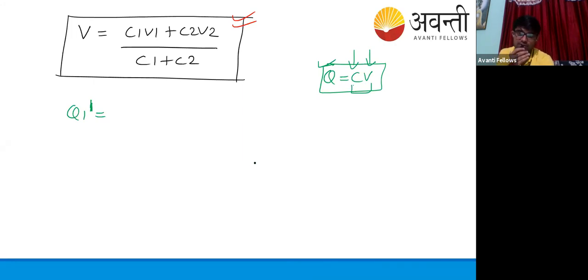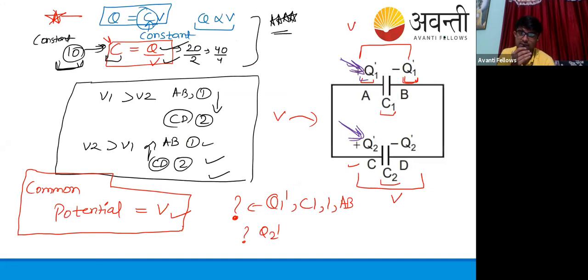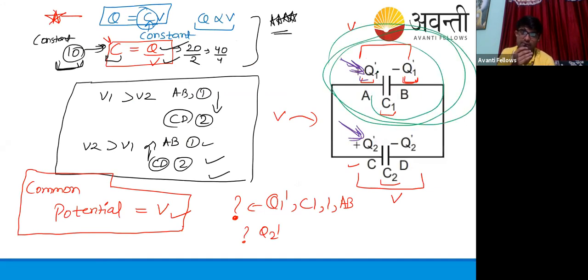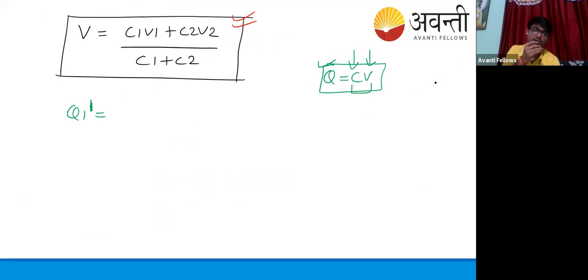Similarly here, in the first capacitor we need to find Q1 dash. The capacitance is C1, and finally the potential difference is V across the system. That potential difference we have derived. I will use both to find the Q1 dash charge. Similarly we will use it for Q2 dash also.